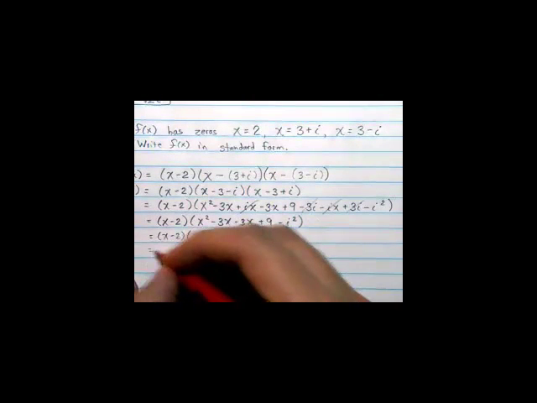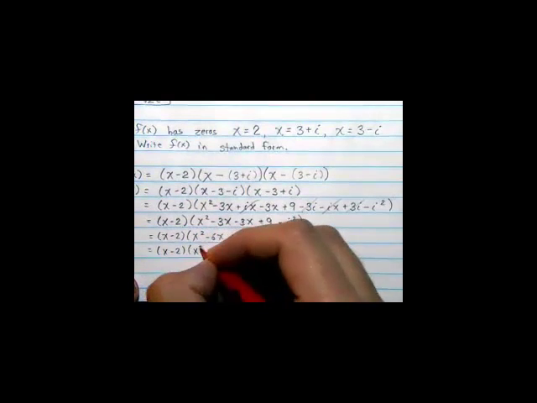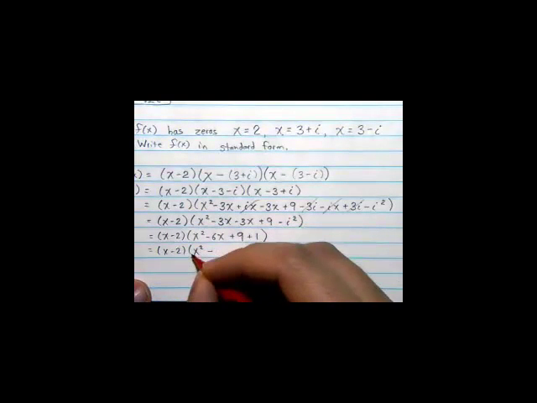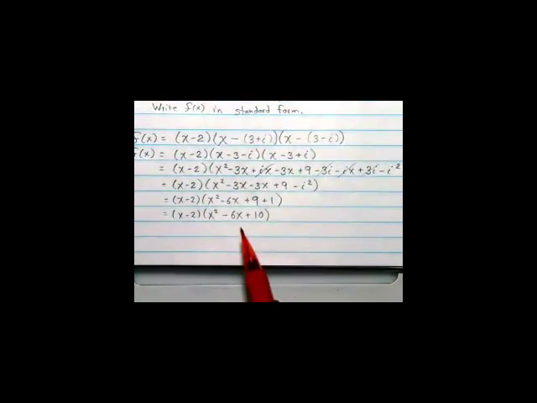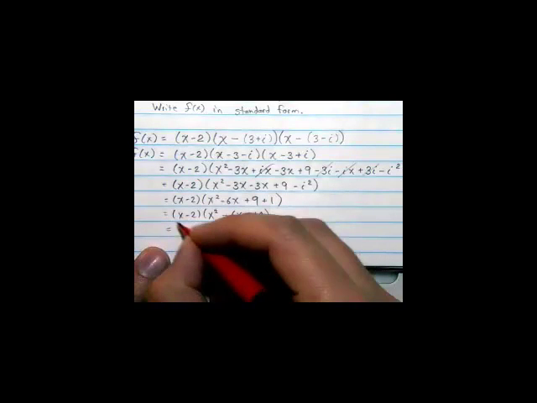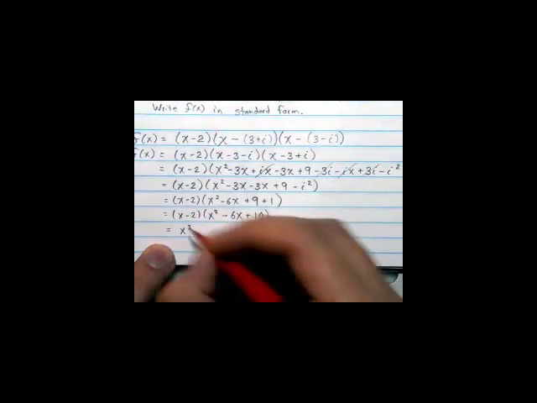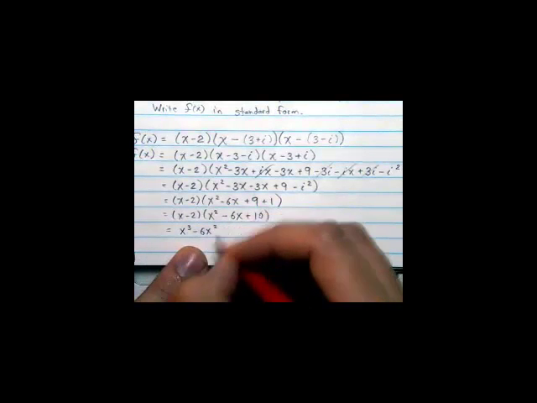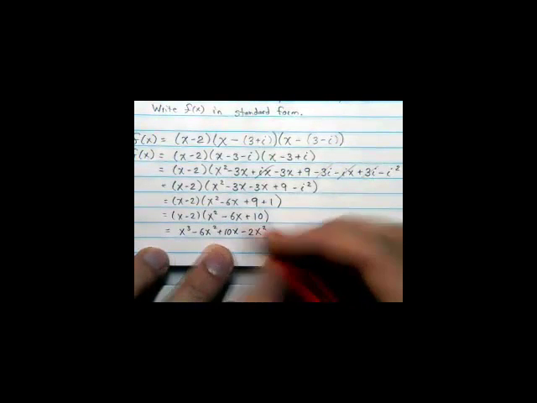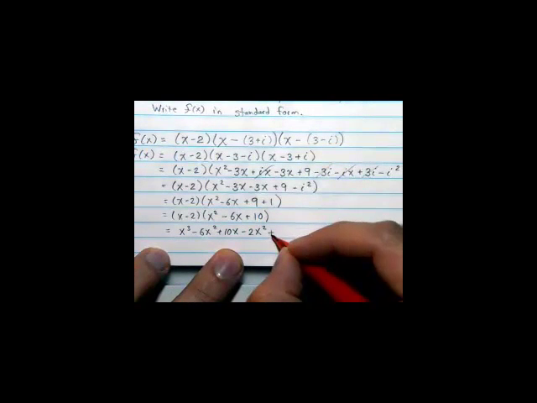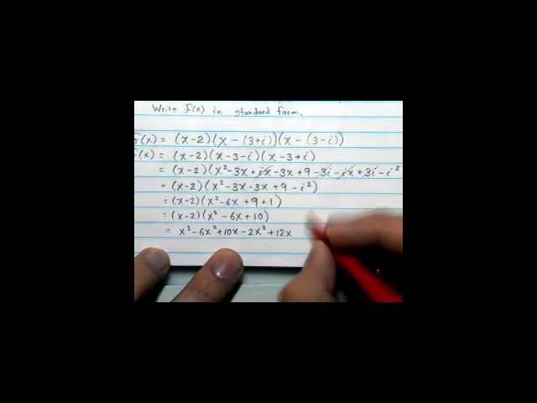What we really have here is x minus 2 times x squared minus 6x plus 10. Like I mentioned, if you've done your multiplication correctly, there shouldn't be any i's left. And now it's just be careful, multiply, multiply, multiply. So x times x squared is x to the third, x times negative 6x, x times 10, negative 2 times x squared, negative 2 times negative 6x, and negative 2 times 10.